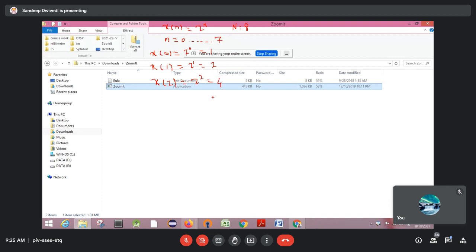If you are taking x of 3, this will be 2 raised to power 3, that means 8.